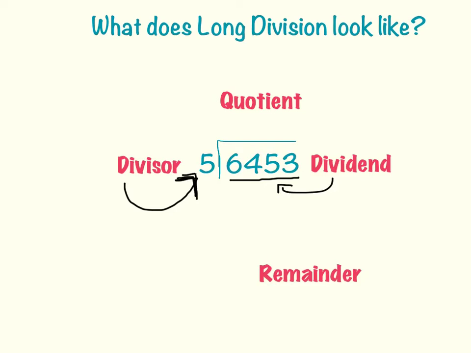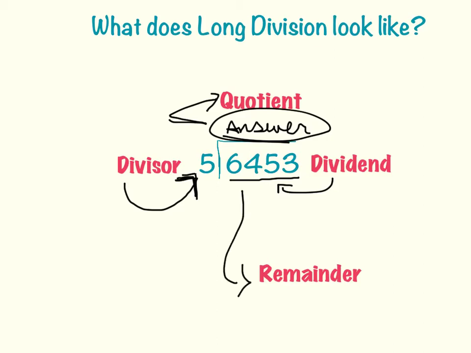So when we do our division problem, our answer is going to be written at the top. And this answer to a division problem is called the quotient. Okay, and so the quotient will actually be at the top of your problem, and at the very bottom of your problem, when you're finished, if you have any numbers left over, those are going to be called your remainder.